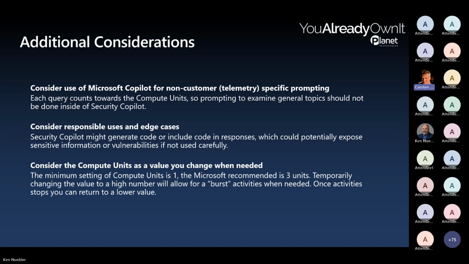One is considering using Microsoft Copilot, in other words, not Security Copilot, if you're asking questions about general topics that do not involve your security telemetry. For example, how do I create a network security rule to prevent a remote IP address access to a service, right? That question has nothing to do with your telemetry.